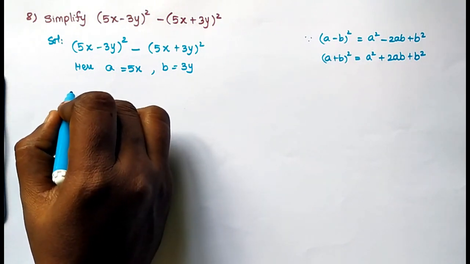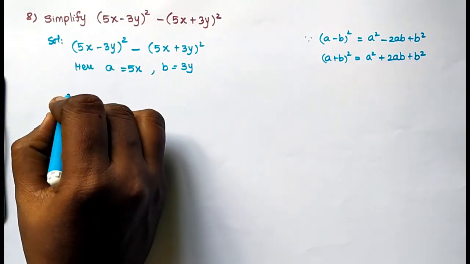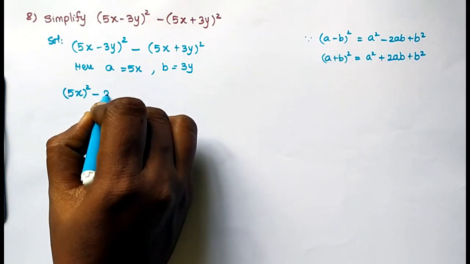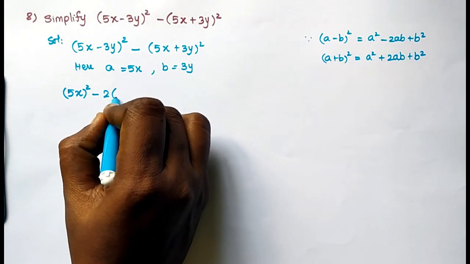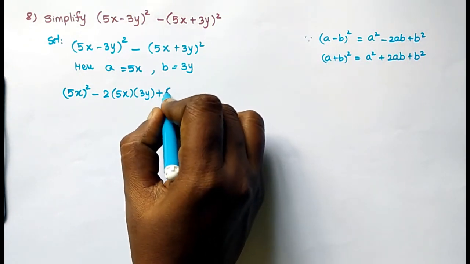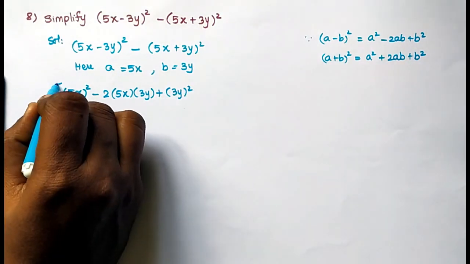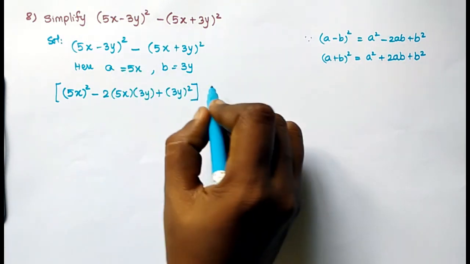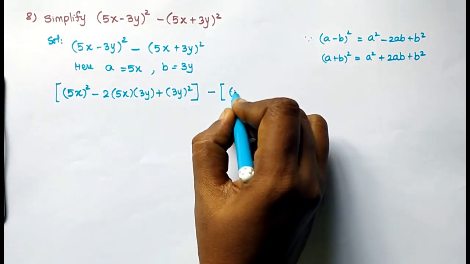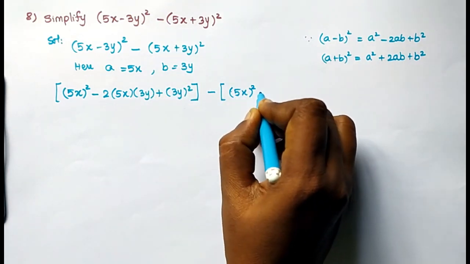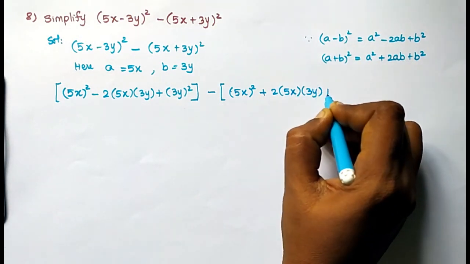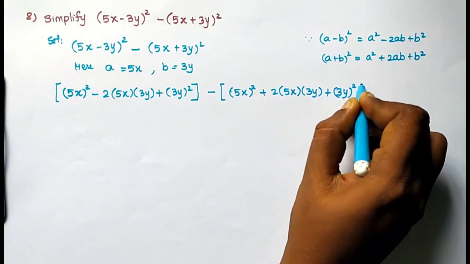5x minus 3y whole squared. A minus b whole squared formula. So 5x, a squared, minus 2ab, 5x into 3y, plus b squared, 3y the whole square, minus, now 5x plus 3y whole squared, 5x whole squared plus 2 into 5x into 3y plus 3y whole squared.